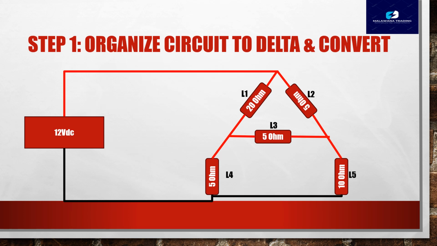Now that our load has been organized in a form that we can all comprehend as a delta shape, with L1, L2, L3 forming the delta circuitry, we are in a position to convert the top portion of the circuitry, which is delta, into a star connected circuitry. To do that, we will need to have our values of A, B, and C as connected in star.